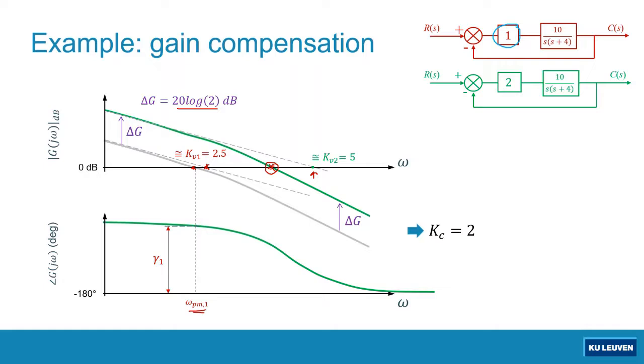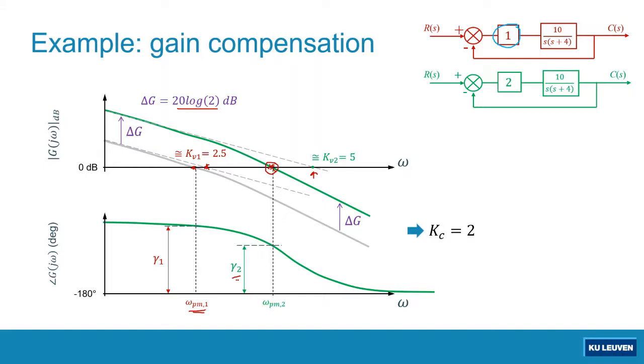My phase margin frequency is increasing. Obviously, this means my new system will have gamma 2 phase margin. The phase margin drops from gamma 1 to gamma 2.